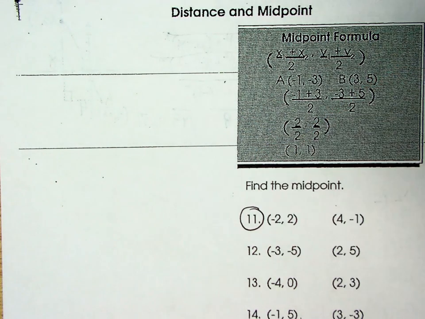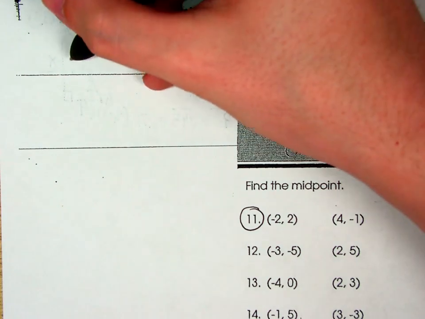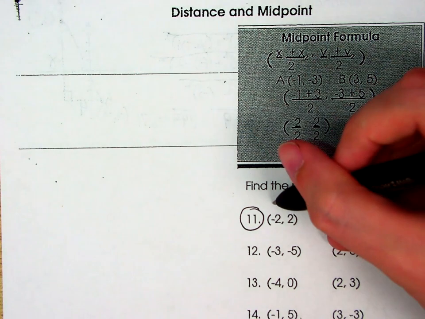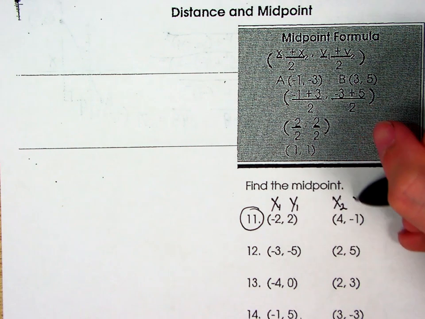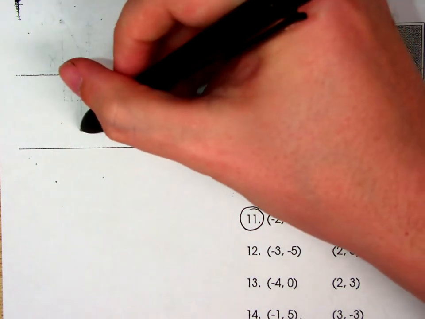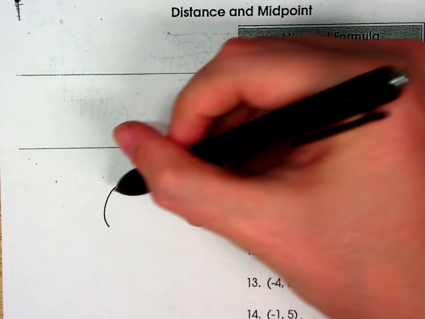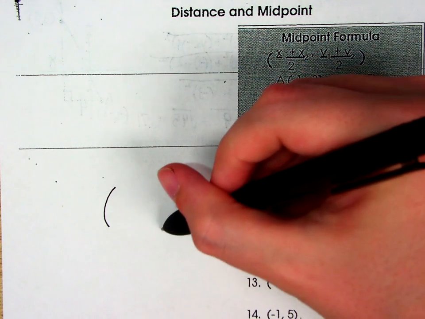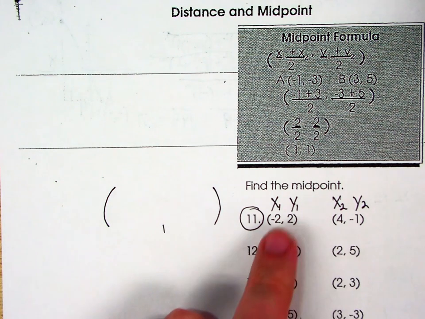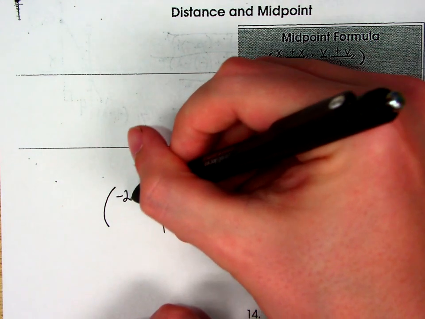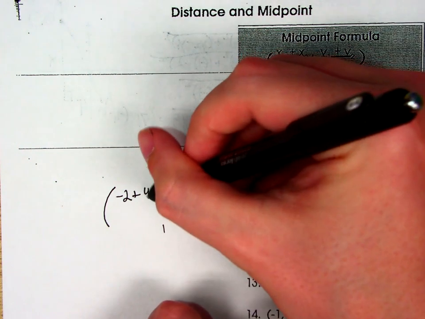We'll try this with number 11 here. We'll say we've got x1, y1, and x2, y2. And I'll create a large set of parentheses here for our coordinates. And I'll add up my x's. I'll go -2 plus 4 divided by 2.